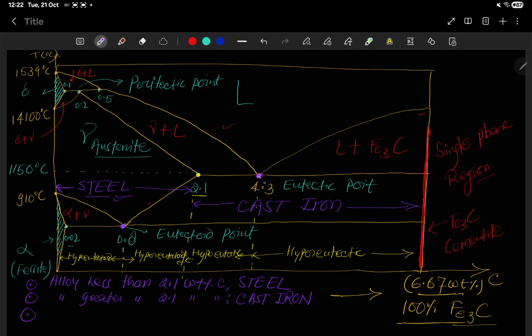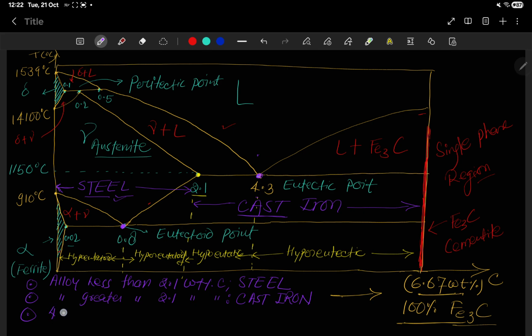If we are heating from this region to this region, melting will be very easy. That's why this kind of iron is used in casting, and that's why we named it cast iron.